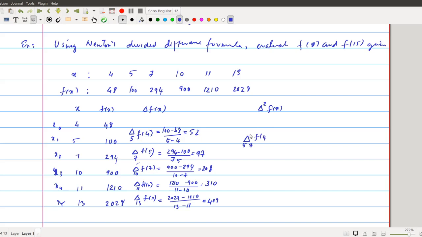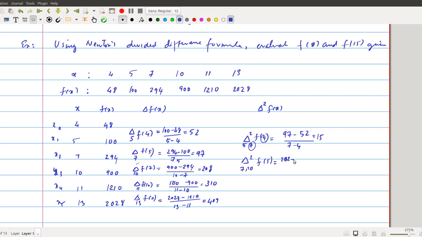It is obtained by taking the difference between these two, 97 minus 52, that is f of 5 comma 7 minus f of 4 comma 5, divided by the difference between these two numbers, 7 minus 4, that is equal to 15.